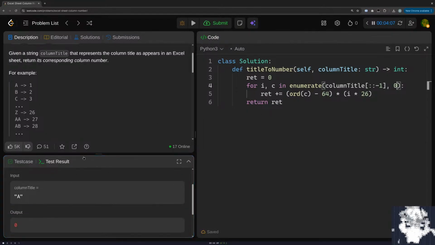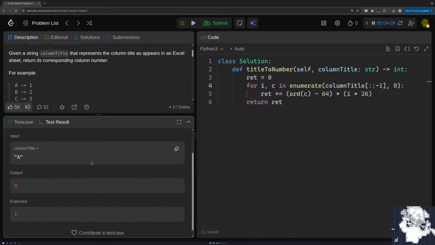I'm getting numbers that are too big. So I'm guessing the reason I'm getting 0 is because I starts at 0. Oh, I want this to be 1 on the first one, and then 26 on the second one. So this is not the right way to do it.